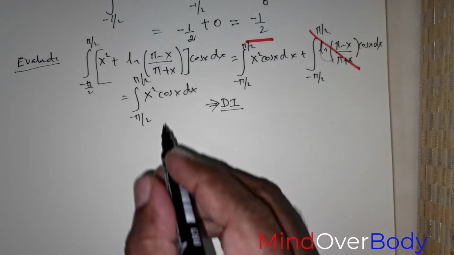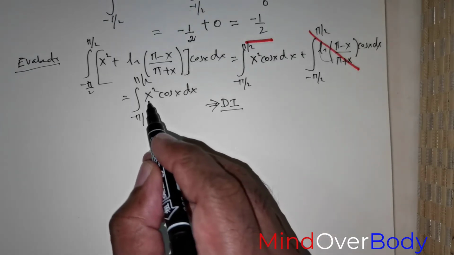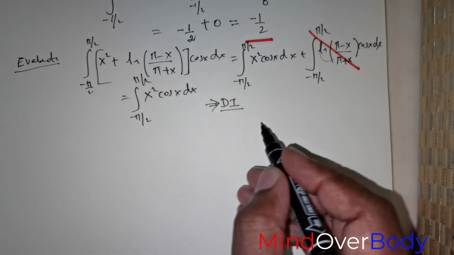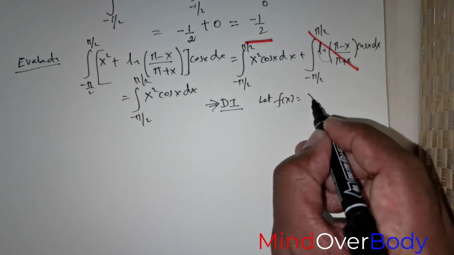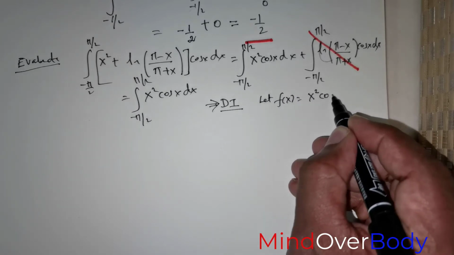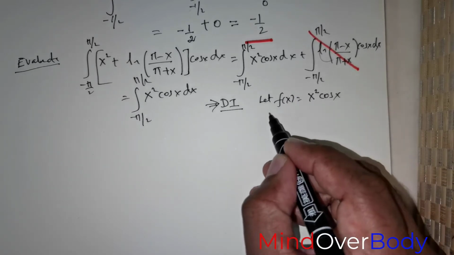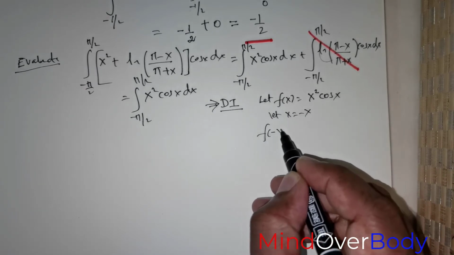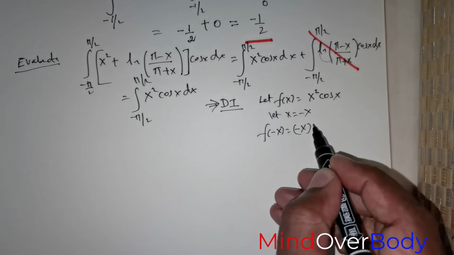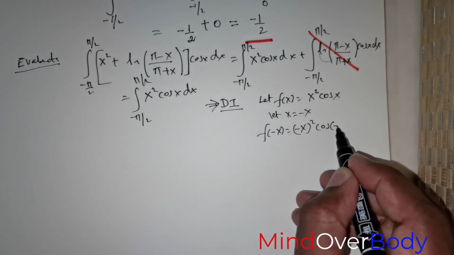Now before we proceed, we want to know if x squared times cos x is an even function or an odd function. So let me take the function f of x equal to x squared times cos x, and replace x with negative x. So we get f of negative x equal to negative x raised to the power of 2 times cos of negative x.